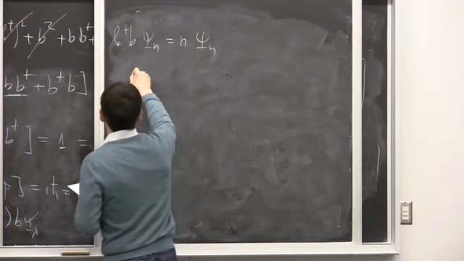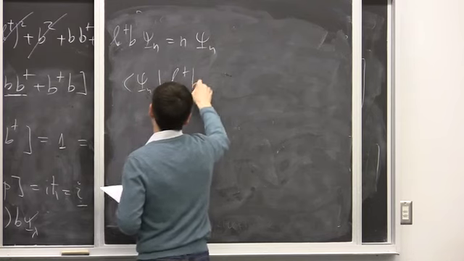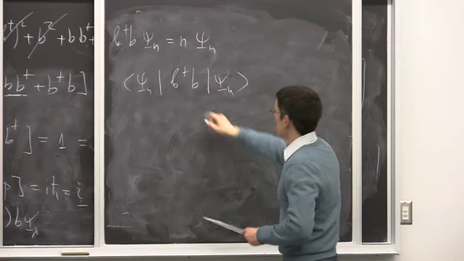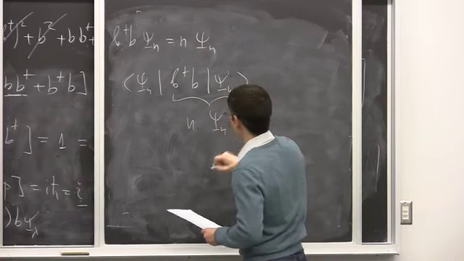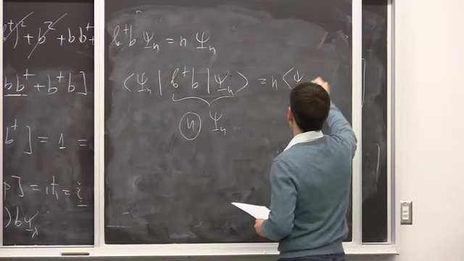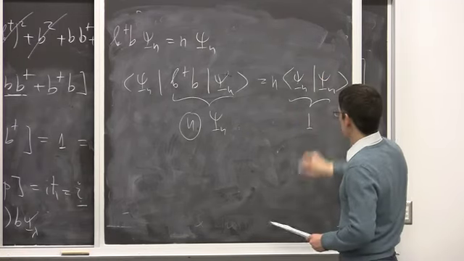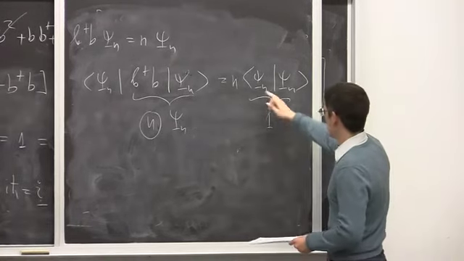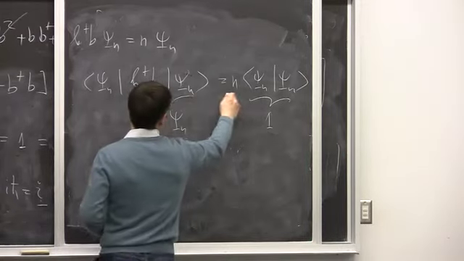And then if we consider psi n inside the integral with b dagger b psi n, this part will be n psi n. n is a constant. That means n times the integral of psi n psi n. So functions are normalized. That's why the integral of their eigenfunctions, independent of n, will always be 1. So this matrix element is n essentially.